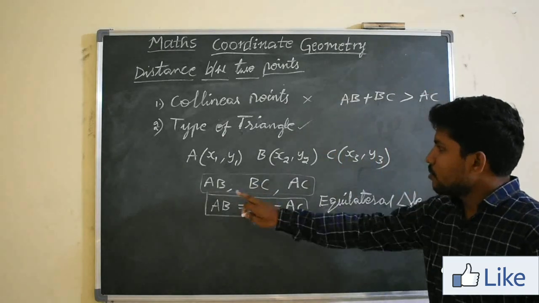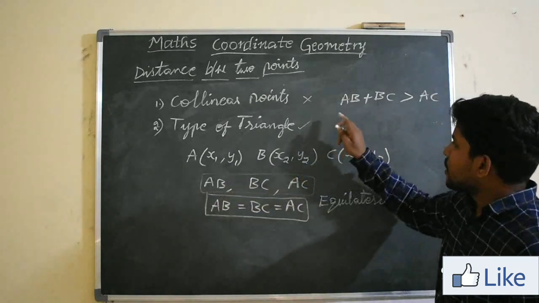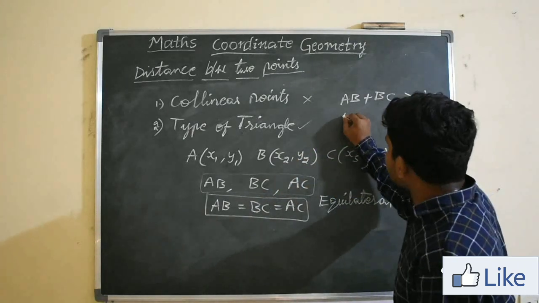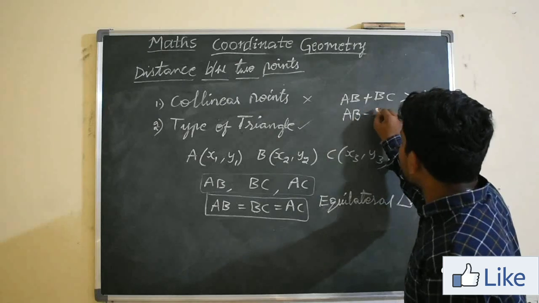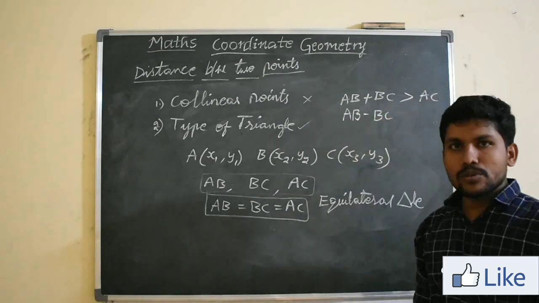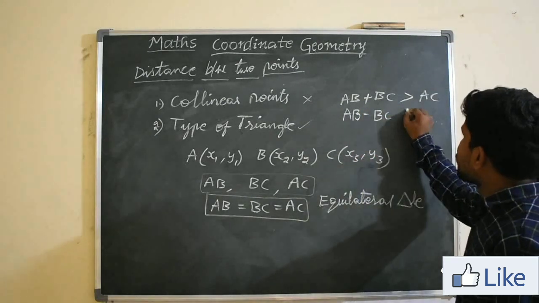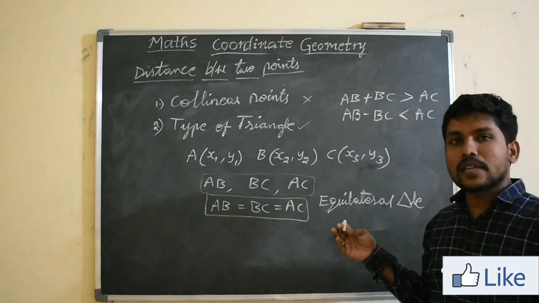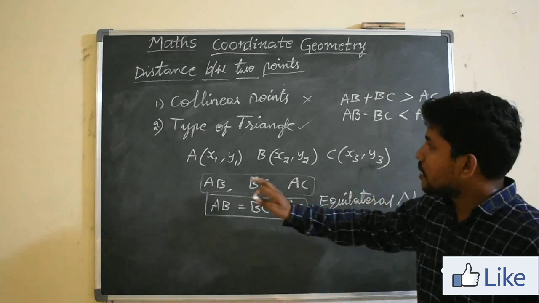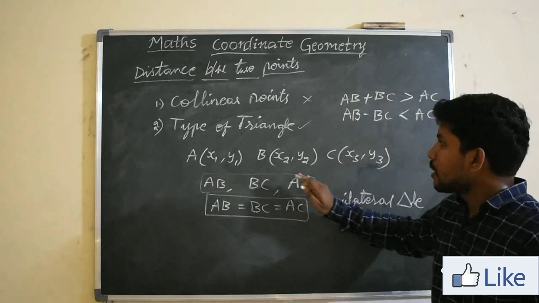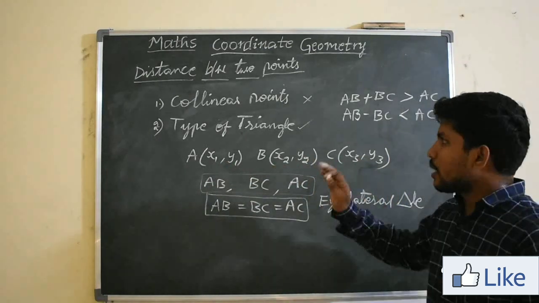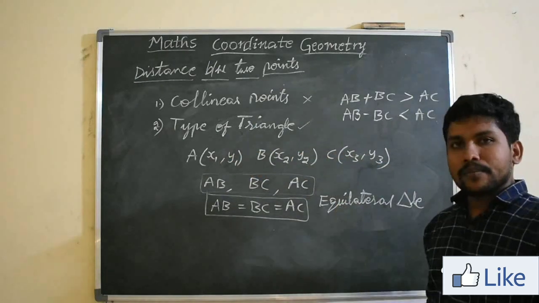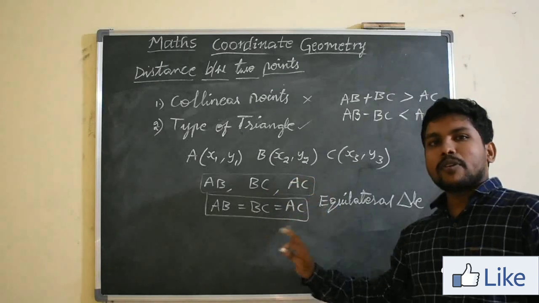That is, the sum of any two lengths in a triangle must be greater than the third side, and the difference between any two sides in the triangle should be less than the third side. If all these conditions are satisfied, then we can say that the given set of 3 points can form a triangle.